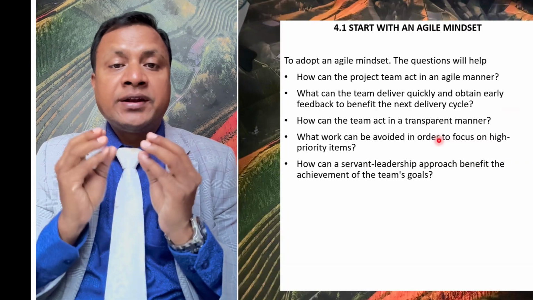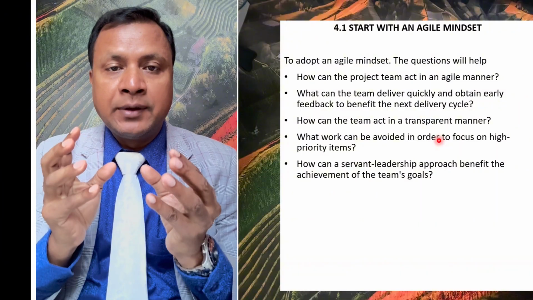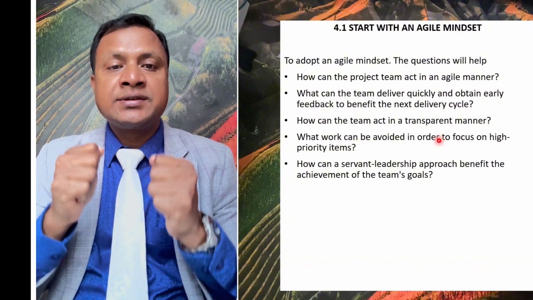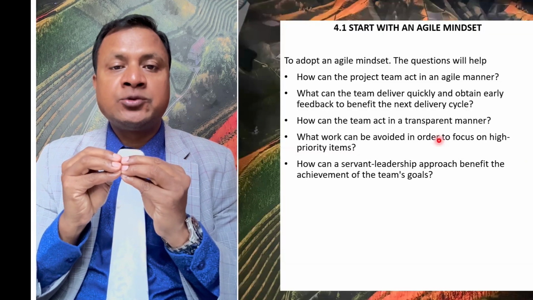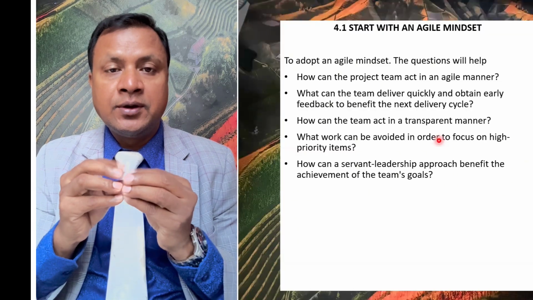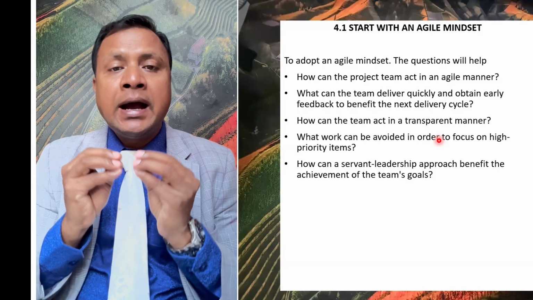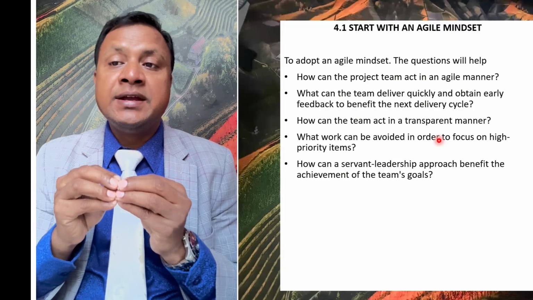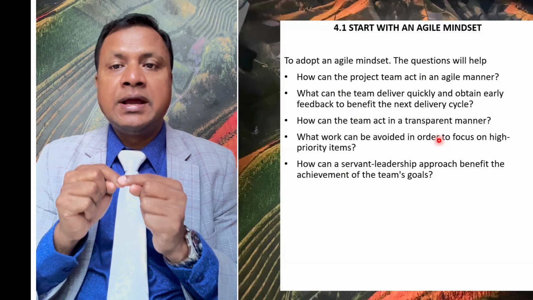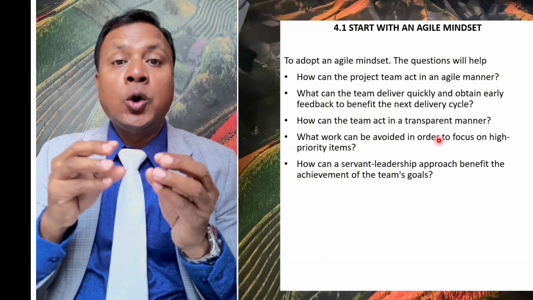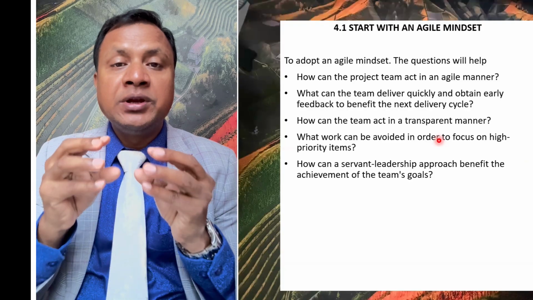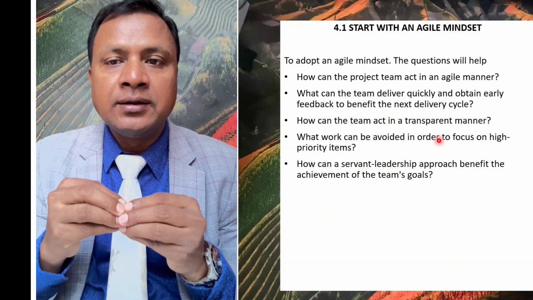First of all, to understand the Agile environment, we should be asking a few questions repeatedly. In this chapter, we will get the answers to some questions like: how can the project team act in an agile manner? What can the team deliver quickly and obtain early feedback to benefit the next delivery cycle?